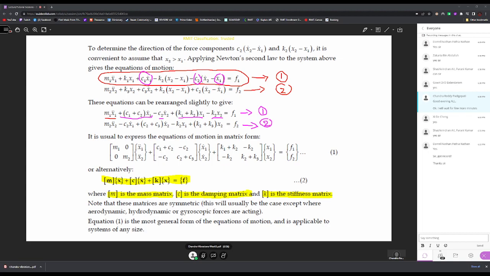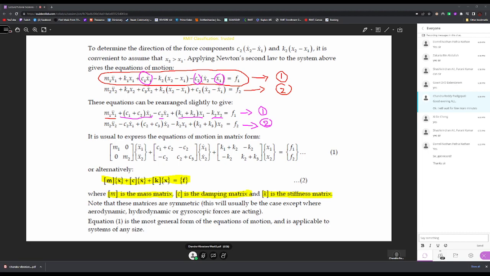All right, so now these two equations are simultaneous equations. We can write these two simultaneous equations in a 2 by 2 matrix format. We are writing the matrix as m1, 0, 0, m2.